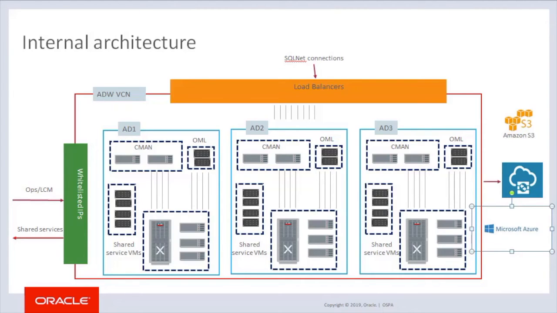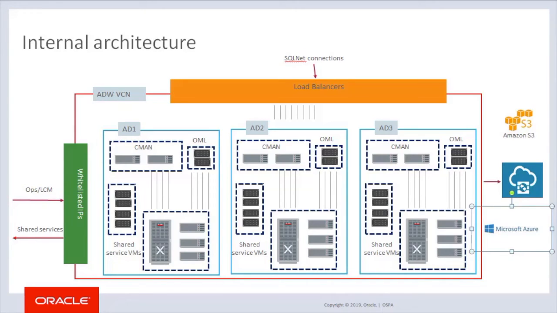This same architecture is replicated across availability domains to provide service redundancy. Users of the Autonomous Database are matched to their service through load balancers that distribute load across available services to provide equal distribution of these available resources.